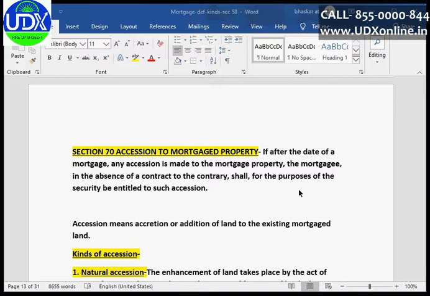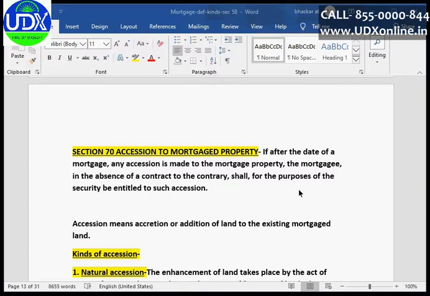While I was explaining about the rights and liabilities of the mortgager, I have given you section 63. The same section, the same details you can bring here and you can understand. You can write the same thing. There is nothing more to understand in this one.